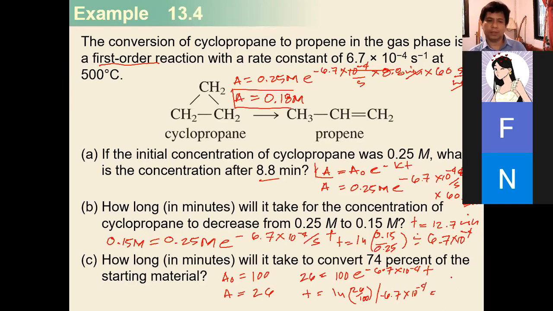So, divide nyo lang ng 60, you will have the time in minutes. So, LN 0.26. Of course, you can use shift solve. Walang problema. Divided by 6.7 exponent minus 4. I have something like 2010.55. So pag divide ko ng 60, what do you get? Something like 33.5 minutes.